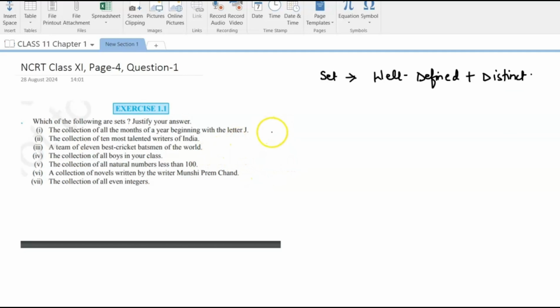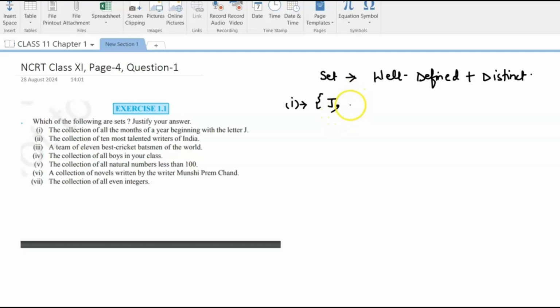The collection of all the months of a year beginning with the letter J. Okay, so let's try to write this as a set. January starts with J. February does not start with J, so it will not belong to the set. March does not belong to the set.